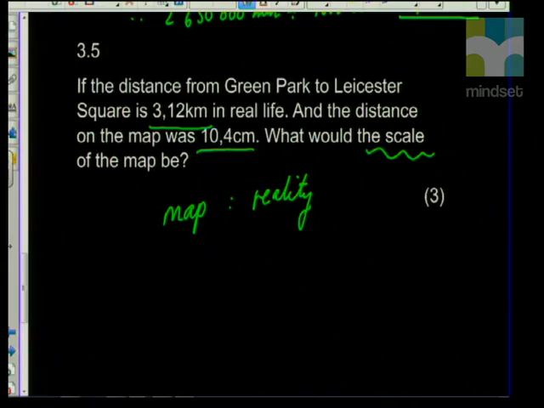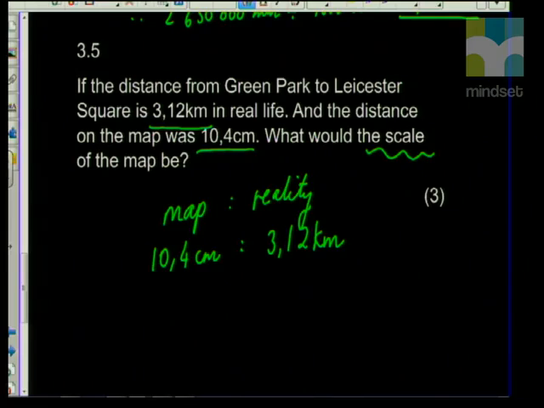So I know that on my map it's 10.4 centimeters, and in reality it's 3.12 kilometers. Now again, it's always a good idea to make sure that you've got the same units. I would perhaps convert both of them to be centimeters or to meters.